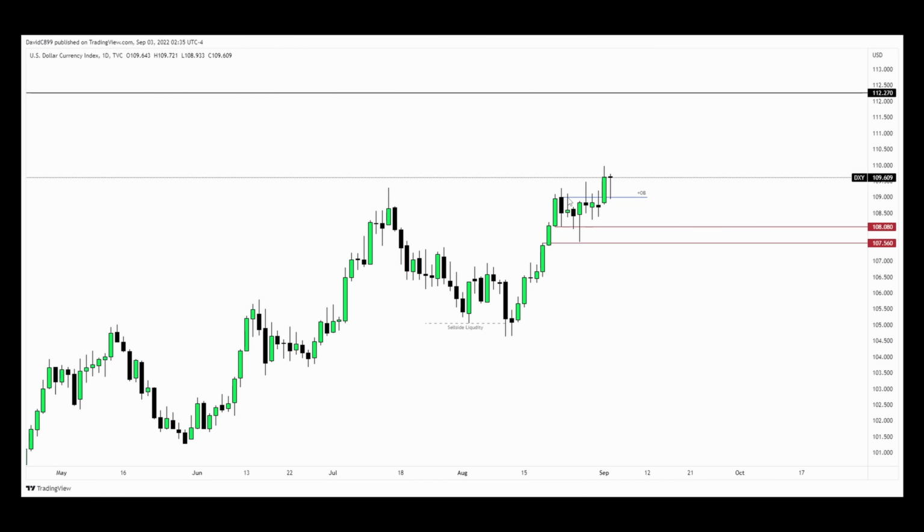Also we can see that this order block here got respected most recently, and a potential target for me is this level here, and you can check that on your own charts and try to find that level and try to determine why that level is a key level for me personally.